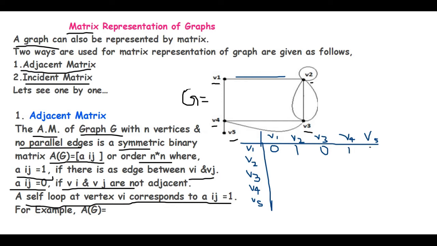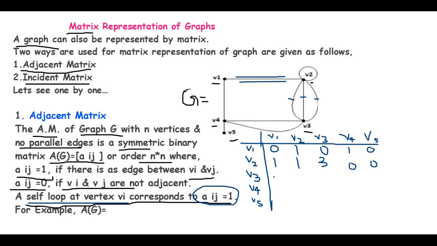From V1 to V5 it's not directly connected, so it is 0. Similarly in the case of V2 to V1, yes, we do have an edge this way, so it's 1. V2 to V2, as I also told you, the self loop at V of i corresponds to A of ij equal to 1, which means the self loop is considered as 1. V2 to V3 we have 3 parallel edges, so it is 3. V2 to V4 we do not have any, similarly for V5.